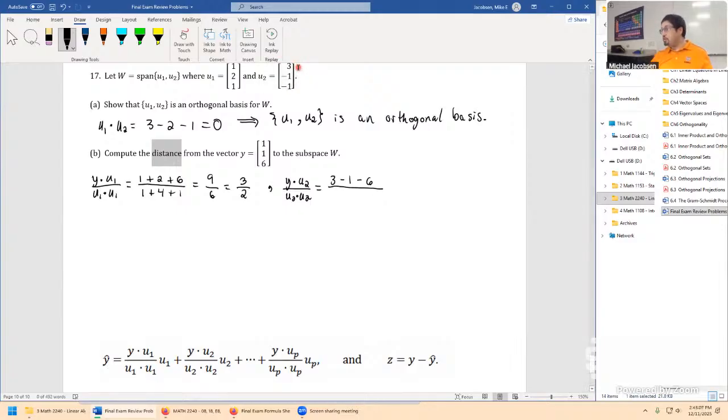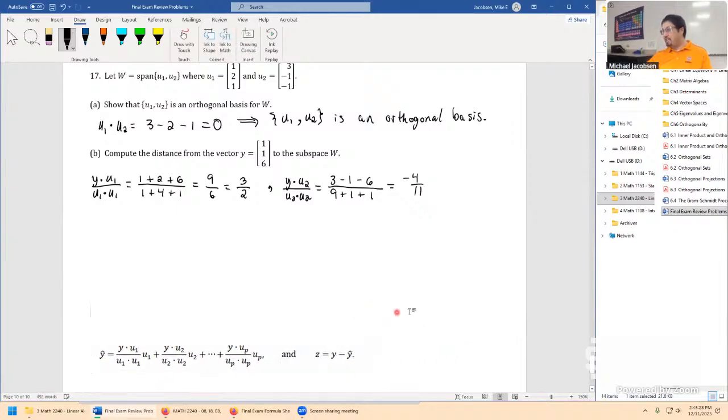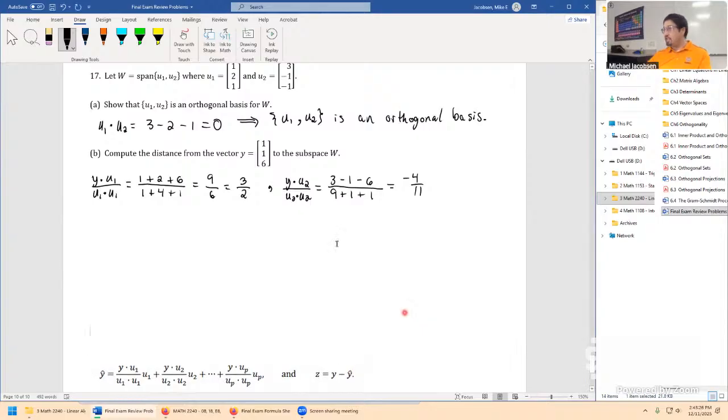Denominator is u2 dot u2, so that's 9 plus 1 plus 1. So this time we have -4/11ths, and that's the 11ths that makes the numbers not very friendly on this particular problem, but we'll get through it. If we did the easier problem and I gave you the harder one on the exam, that would be the worst situation. So these numbers are worse than what's going to happen on the real exam.